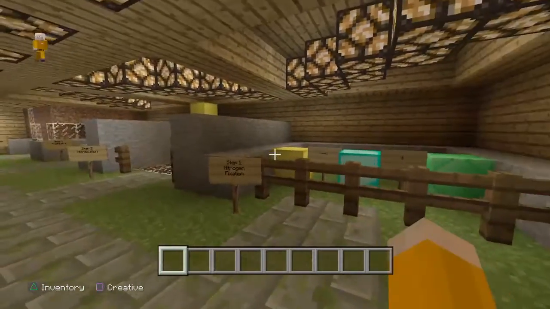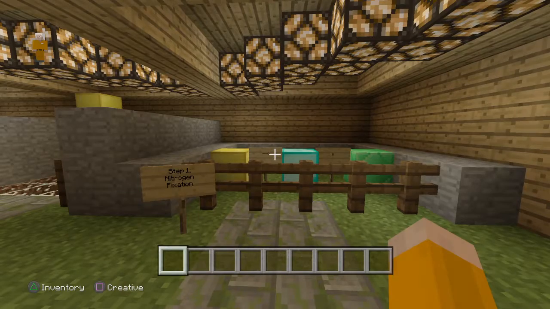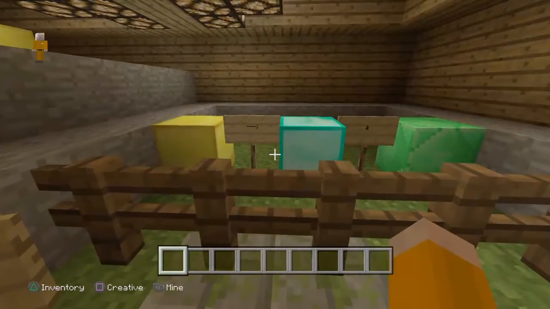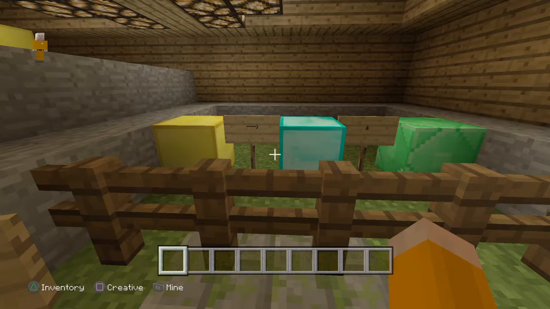And then, first step is nitrogen fixation. Nitrogen fixation is a process by which nitrogen in the Earth's atmosphere is converted. Nitrogen fixation involves turning nitrogen into ammonia, NH3, or other molecules available to living organisms.